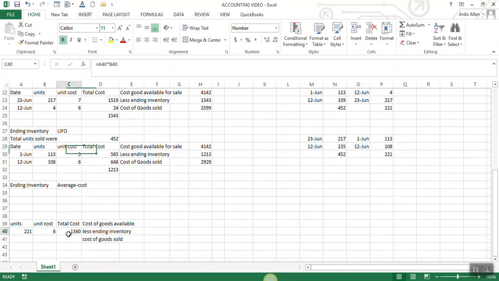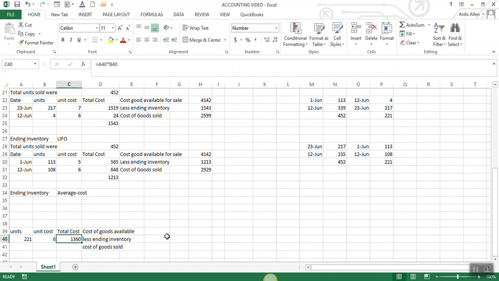So 221 units at 6.155 will give us 1,360. So the ending inventory cost would be 1,360.